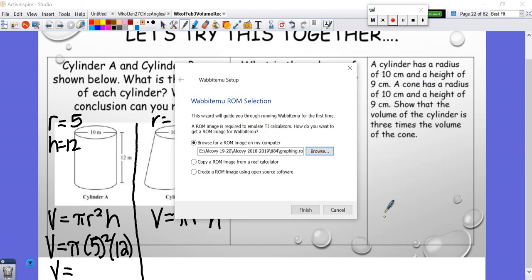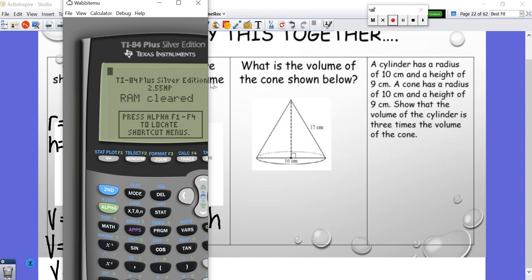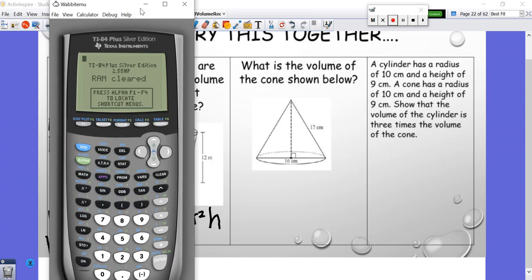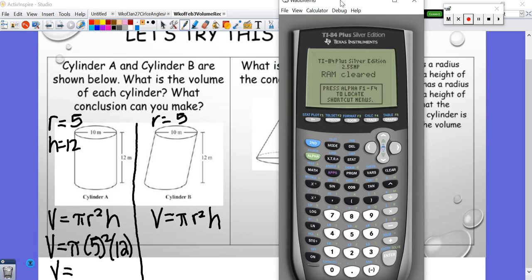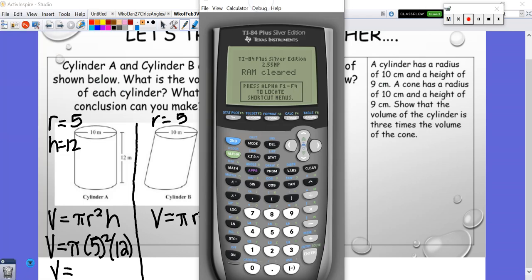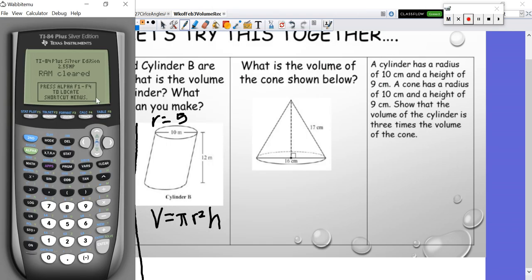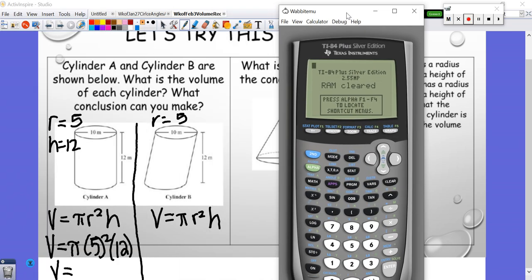Here I'm going to use the graphing calculator for this one. Okay, so we get, oh wow. Okay, struggle is real. Give me a second. Okay, so we're going to say 5 squared times 12.